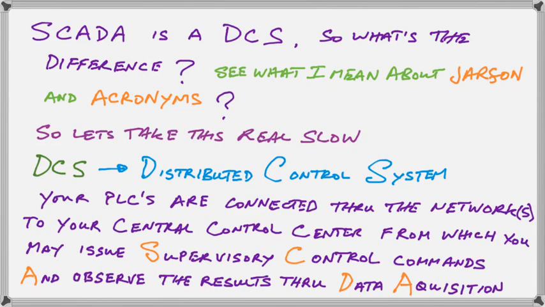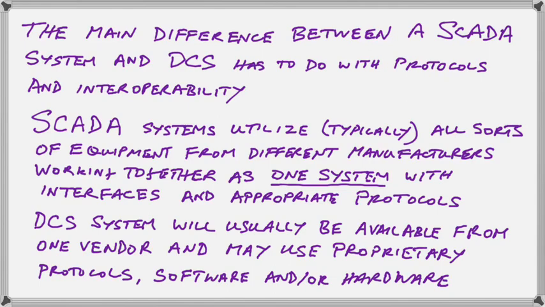Every SCADA system is going to have a DCS. Basically, every SCADA system is a distributed control system. So by definition, from that point of view, SCADA is DCS. But DCS may not always be SCADA.